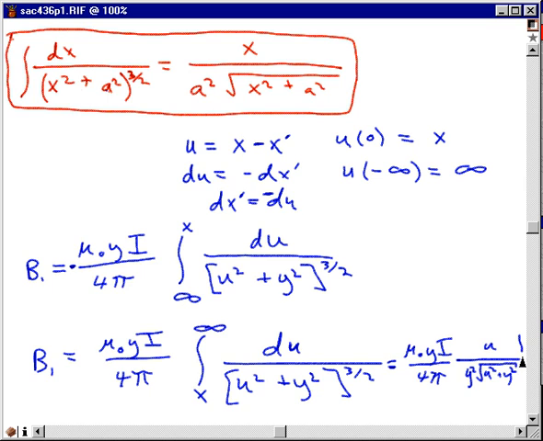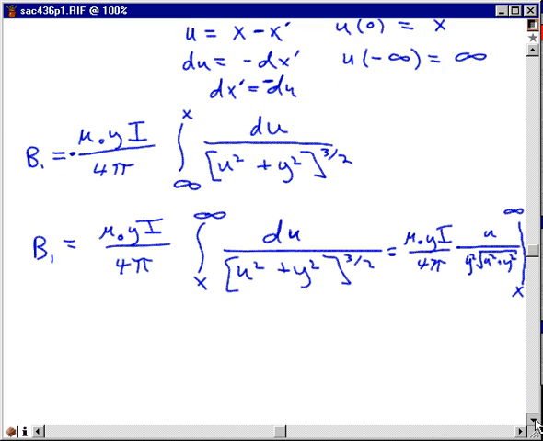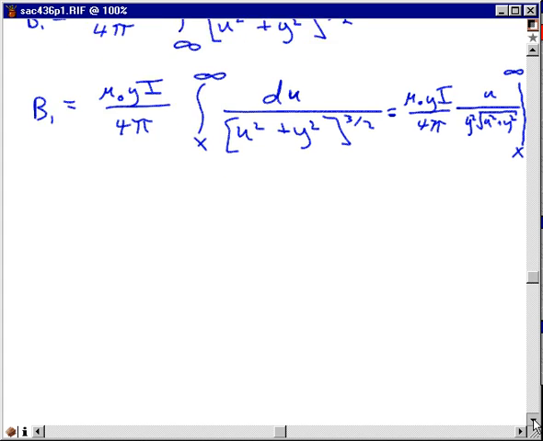And this all has to be evaluated, in our case, from the lower limit of integration, the x, up to the upper limit of integration, infinity. Okay, so we just squeezed that in there.